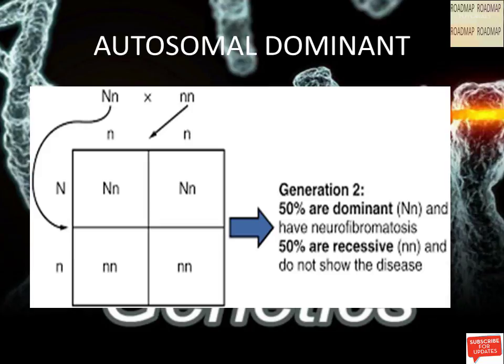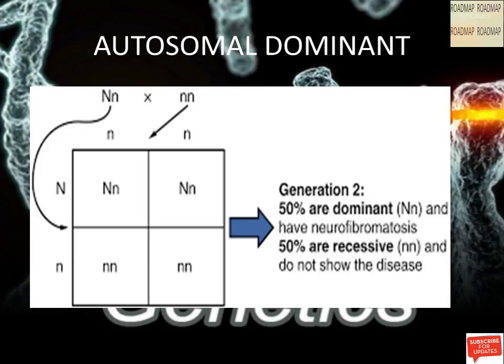On mating, the male and female gametes are mixed in different combinations. So the result will be that half of the children will be heterozygous and have the disease. The heterozygous ones, with capital N and small n, show the disease, while the other 50%, small nn, do not show the disease.